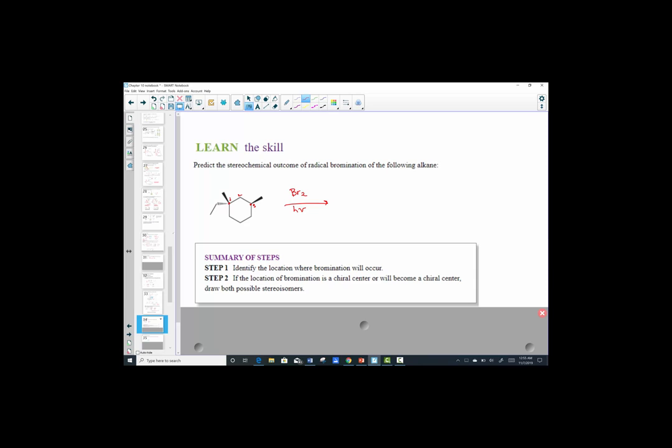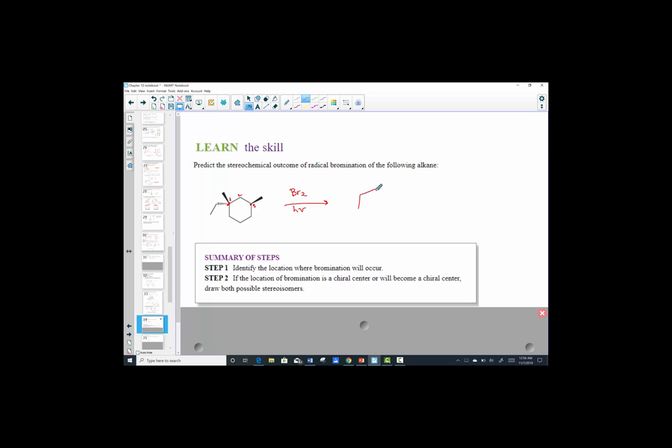Decide the location of where bromination will occur. Where is the most stable radical by breaking a C-H bond? Well, position 1 has a carbon that's attached to 4 other carbons. It doesn't have any hydrogen at all, so it's off the table.